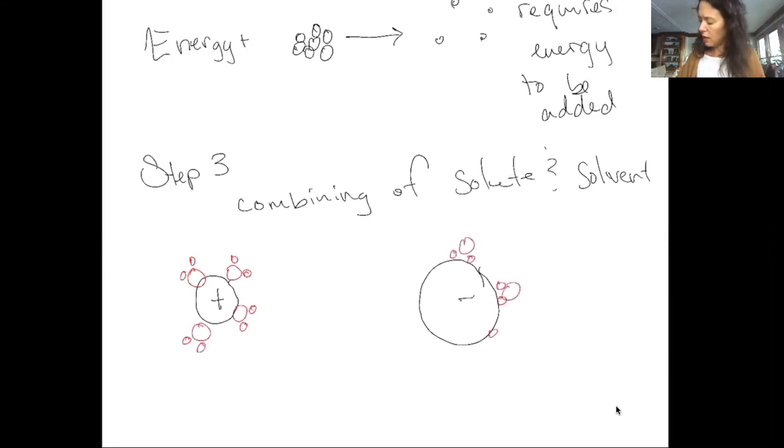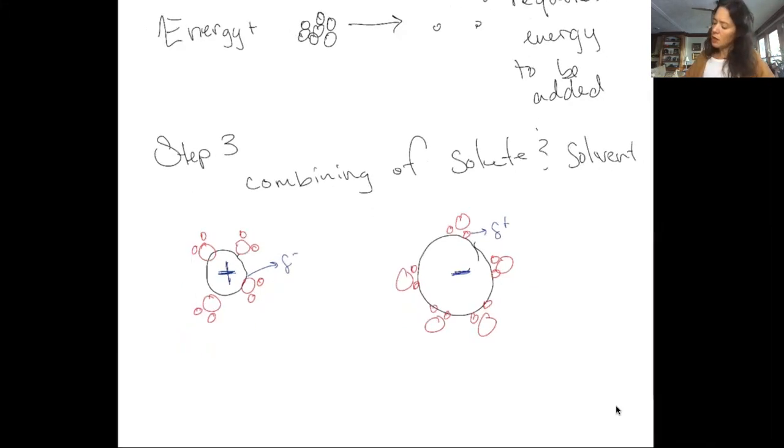So I'm just aligning the water around the cations and anions such that the ion is attracted to the partial opposite charge of the water molecule. Okay, these once again are called particulate level diagrams. And hopefully you realize that this is your partial negative and it's attracted to your cation. This is your partial positive and it's attracted to your anion. Okay, now this process releases energy.